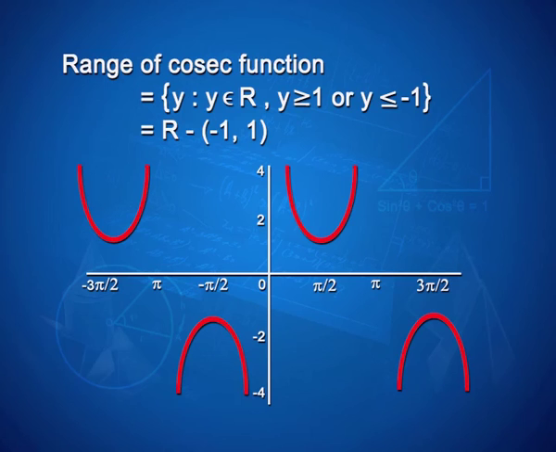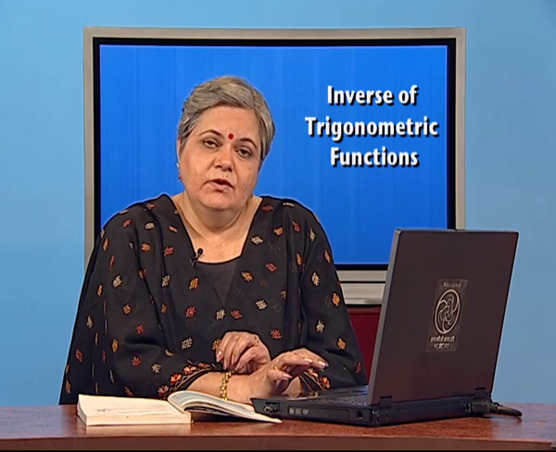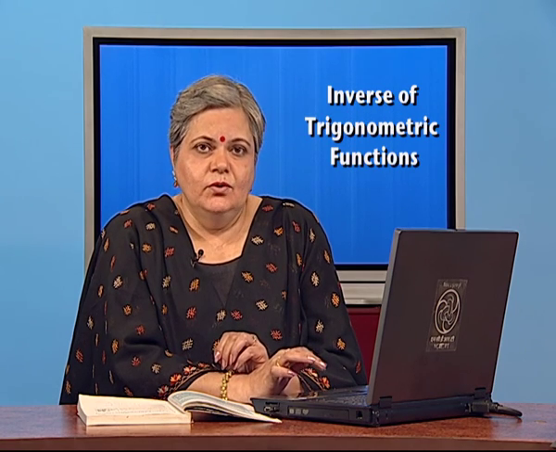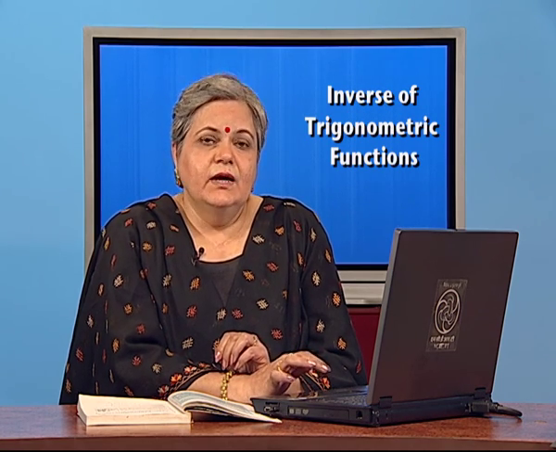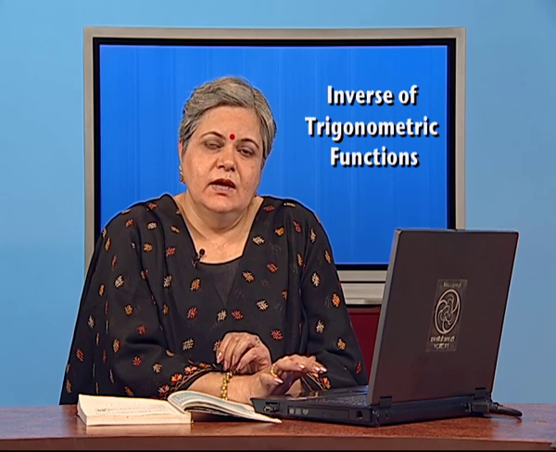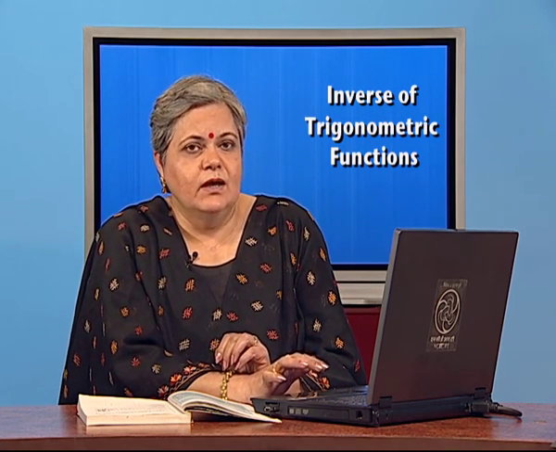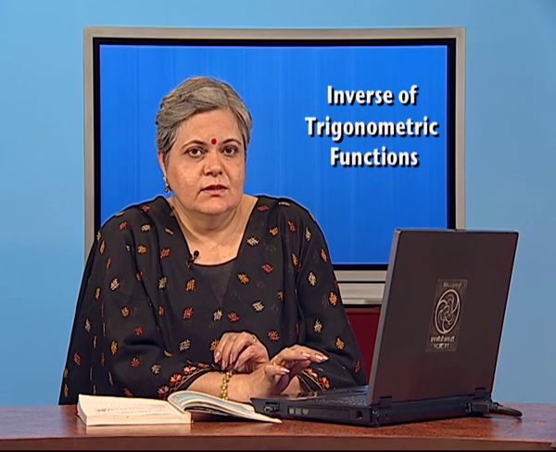Observe it closely and see if you can identify the subintervals of the domain over which the function is 1-1, and when mapped to the range of cosec function is an onto function. Again, think of the horizontal line test. Pick regions which are not crossed by a horizontal line more than once.